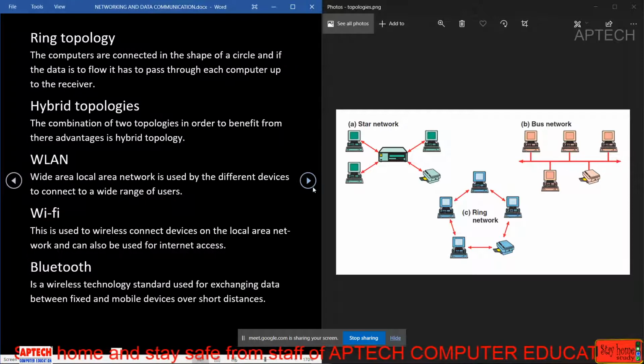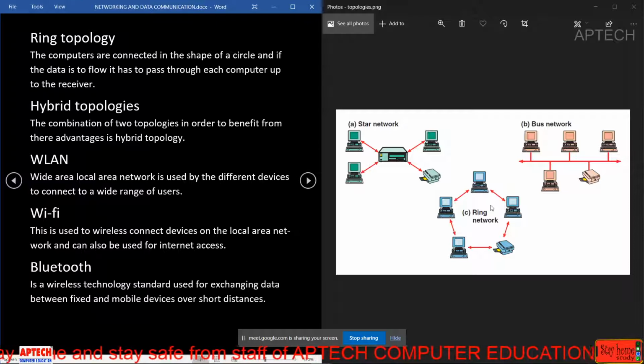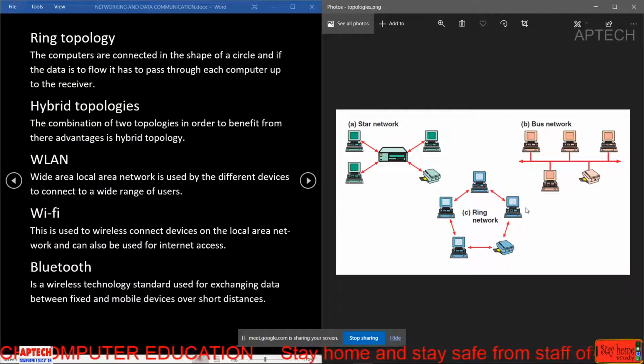So then there's what they call the ring. Basically, the ring is in shape of a ring, if that's how you can explain it. So it's in shape of a circle. Anything which is in shape of a ring, basically these devices connect to each other through one single wire. So this one is connecting to this one is connecting to that one like that.